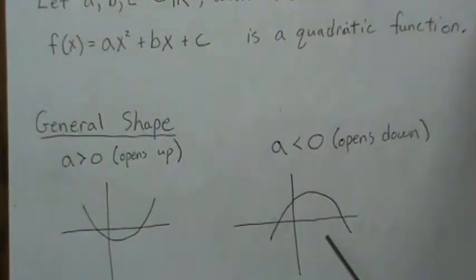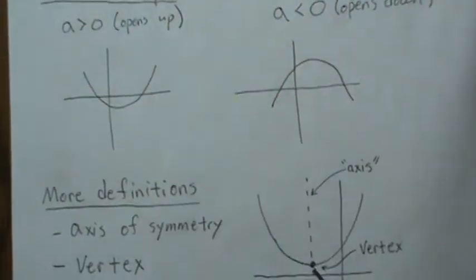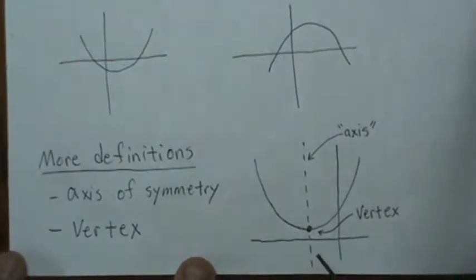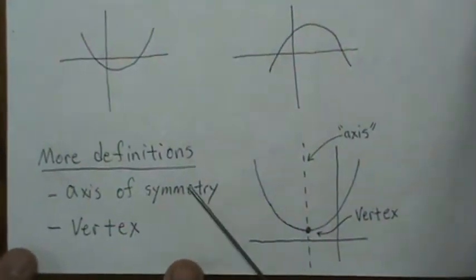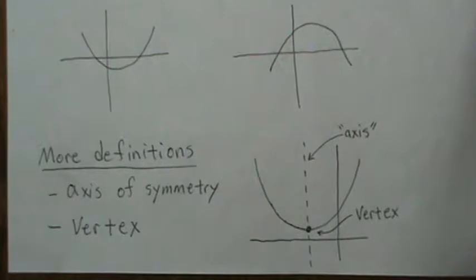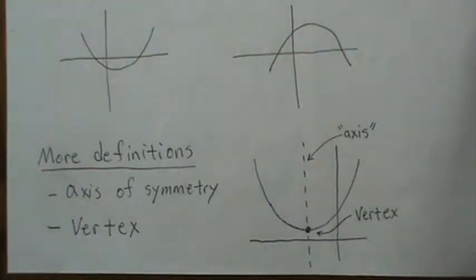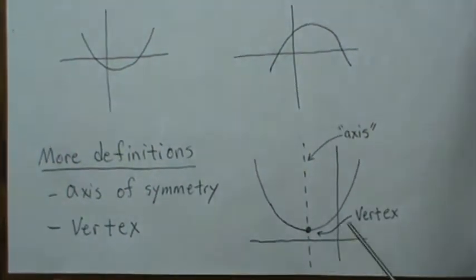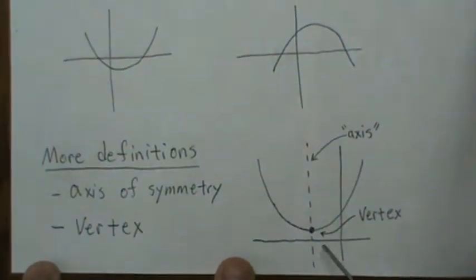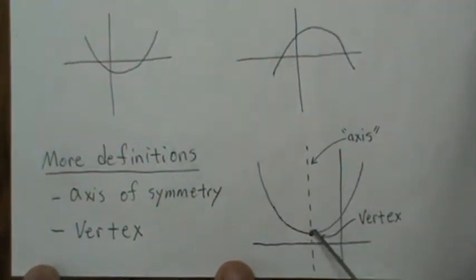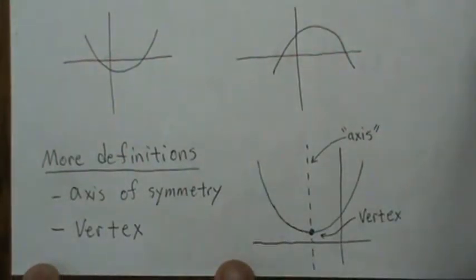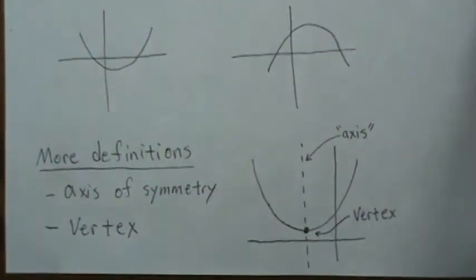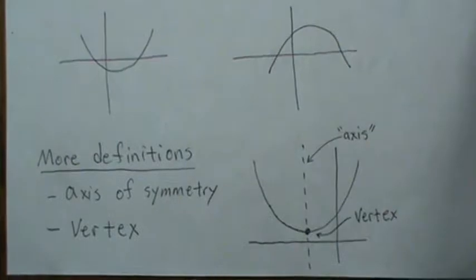of opening up or opening down. Now a couple more definitions that we're going to look at are the axis of symmetry and the vertex. Any quadratic function you can flip back and forth along this axis of symmetry, and this half will be the same as this half. You flip them and they go right on top of each other.